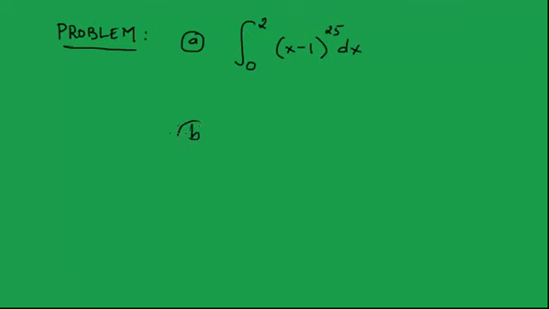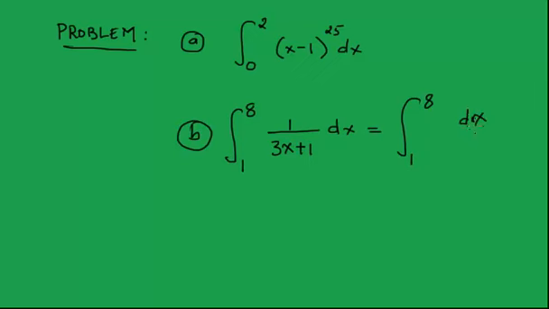And the second one is the integral from 1 to 8 of 1 over (3x plus 1) dx, which sometimes we can also rewrite as the integral from 1 to 8 of dx over (3x plus 1), exactly the same thing.